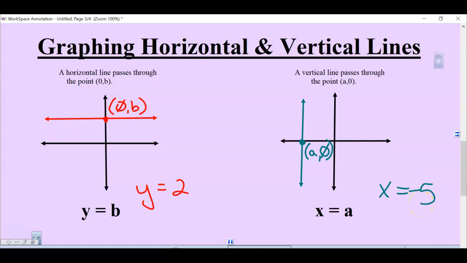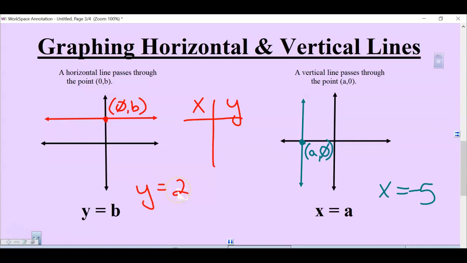Taking these examples into consideration, what would the XY table look like? Because we're talking about how to graph them using XY tables. So if I have an equation that says y equals 2, what is my xy table going to look like? And I'm going to do the shortened version of the xy tables here. The equation y equals 2 says y is equal to 2.